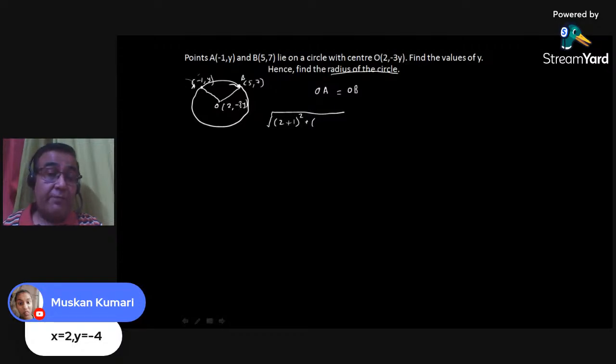So y2 is -3y minus y whole square. That should be equal to OB. So OB, again it should be the square root of the center to the point B, 2 minus 5 whole square plus -3y minus 7 whole square.